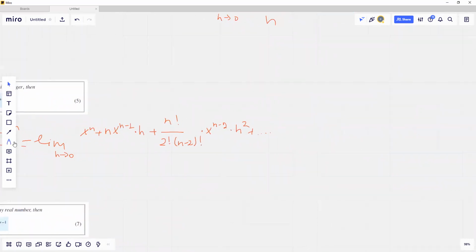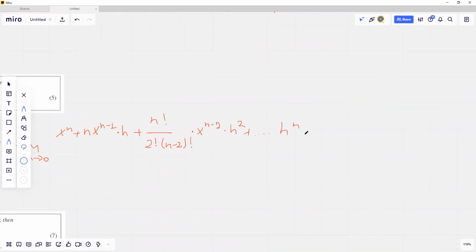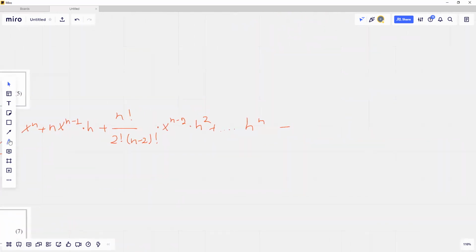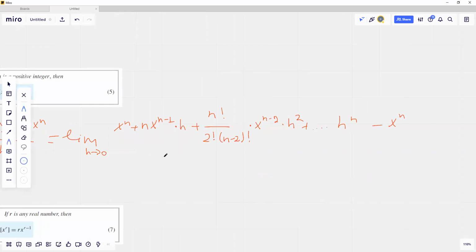And the last term is going to be h to the power of n, minus this x to the power of n, divided by h. So these two terms are going to cancel out.